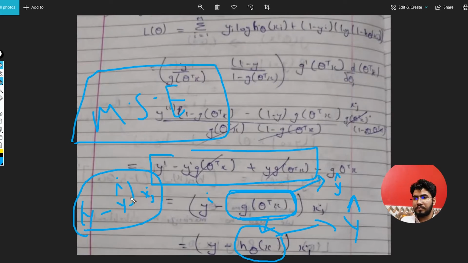This is why it looks like we have used MSE, but still you cannot use MSE here, because there could be some cases in which MSE and log likelihood won't make a difference, because you can use them alternatively.